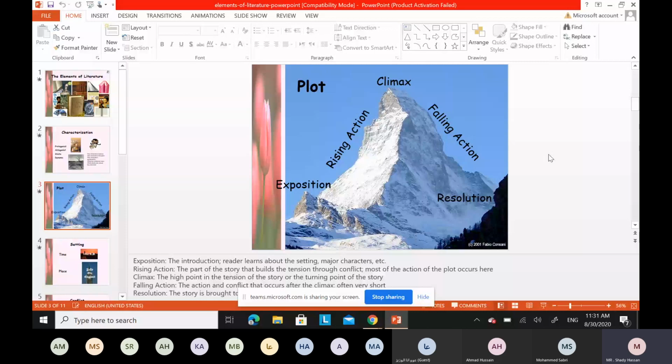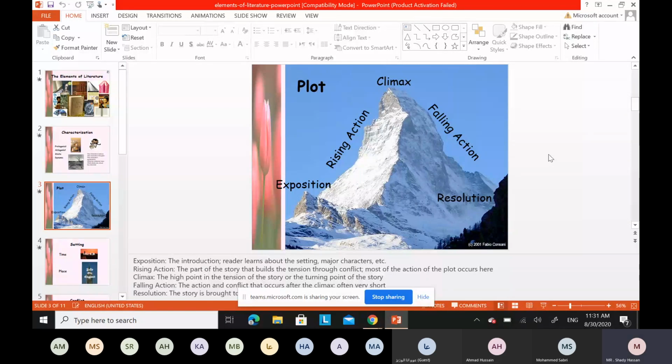When we reach the problem, this is the climax. At this point, we have a struggle, a problem. We've got a conflict. Each problem needs a solution. When we start taking actions to solve this problem, we call this the falling action.